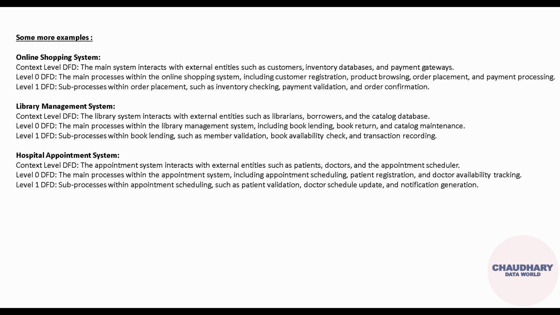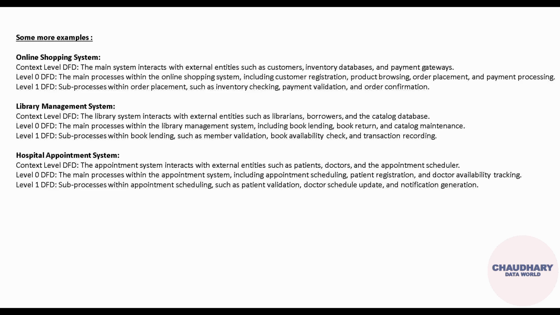That is also the benefit: if you construct very good levels, you will end up with very few misses in your whole business process. You will capture each and every data point and each and every sub process at a very granular level.